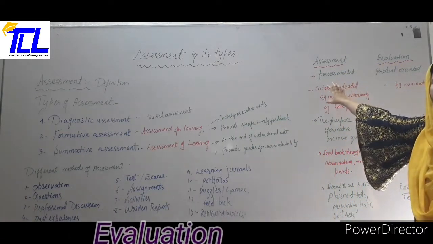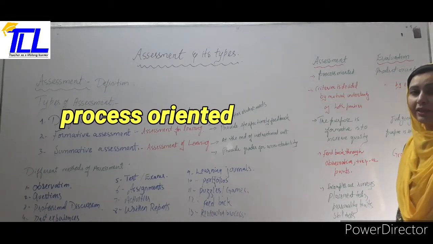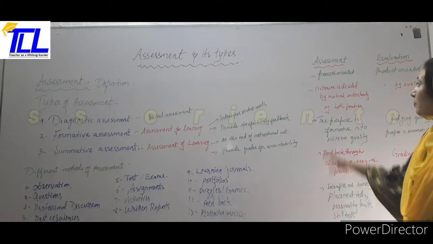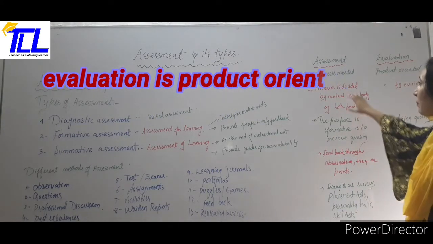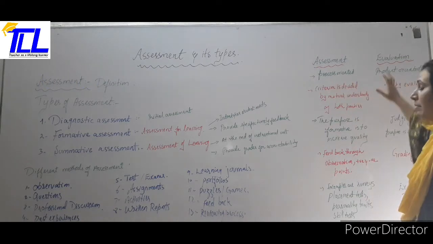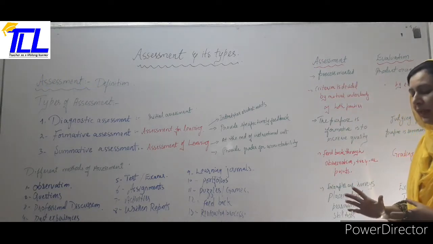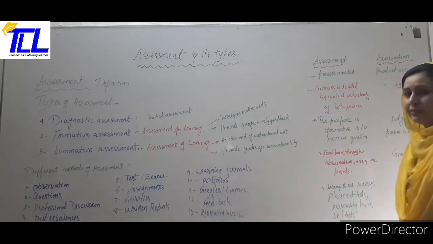Assessment is process oriented, while evaluation is product oriented. Process oriented and product oriented. Within the process, assessment is going on, and whenever we attain anything in the product form, it is called evaluation process.